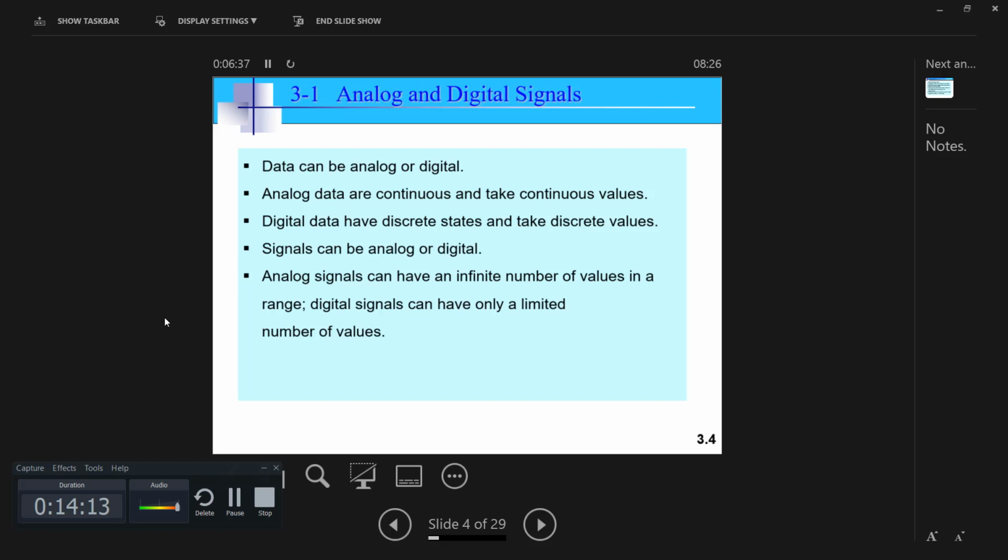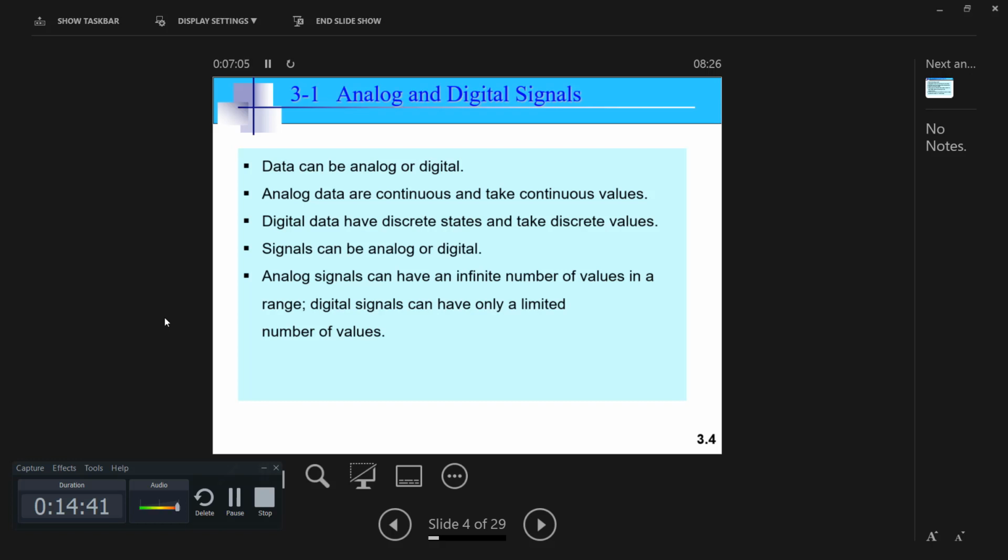So I may represent, for example, the 1 by a sine wave like this, and the -1 I can represent by an inverse sine wave. So in this way, I transform the data into a signal. And this signal has the same characteristics: it can be continuous or discrete, analog or digital.